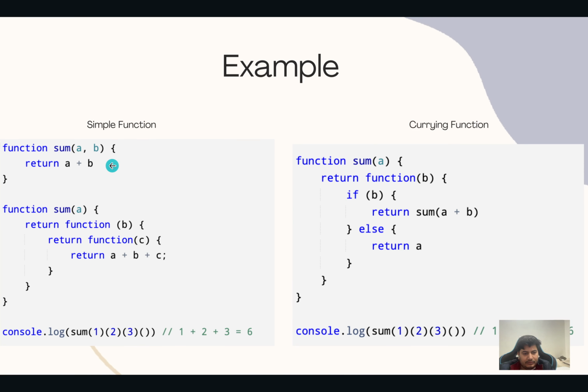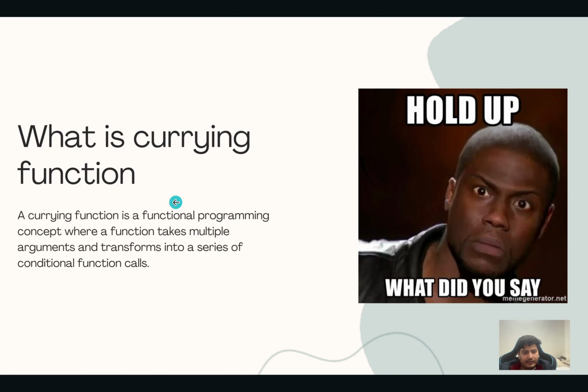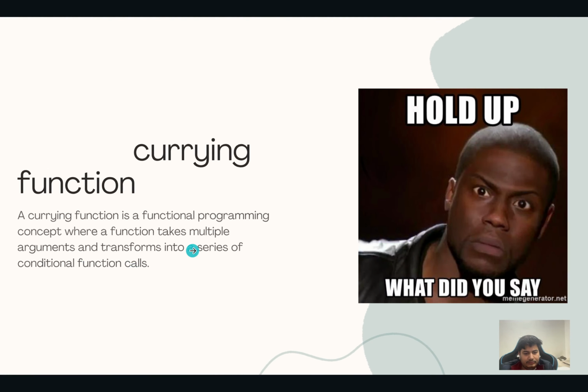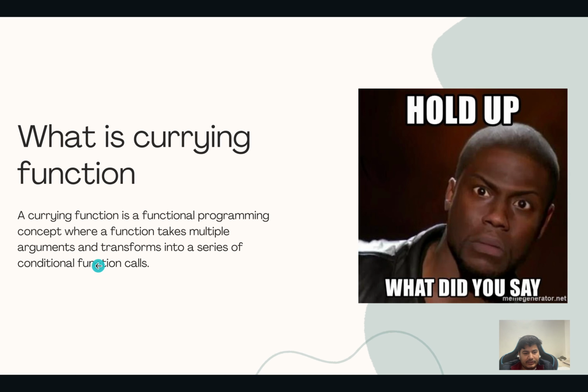And a currying function is basically a series of function calls as per our definition. It is a series of conditional function calls, but here we are calling a function inside a function, and it is not conditional, as the definition says it should be.